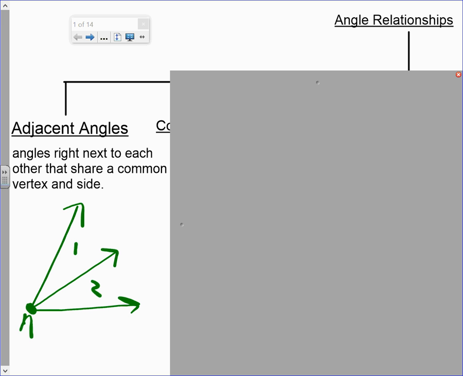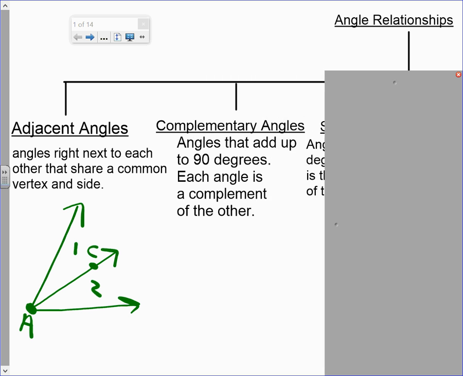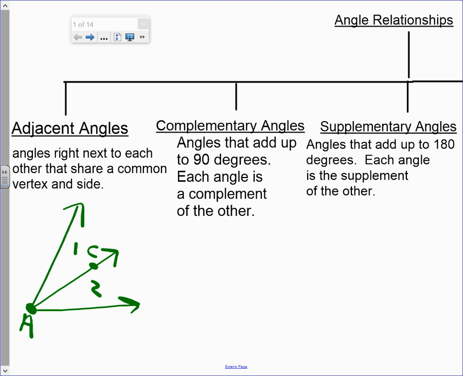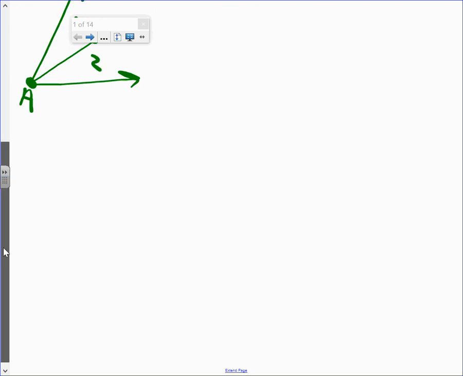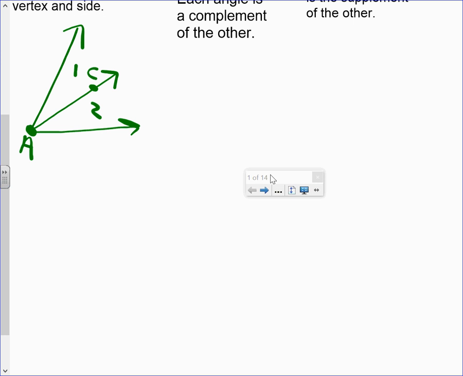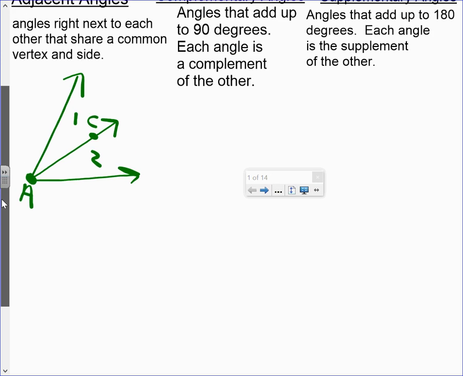Let's call this point A here. And let's call this point C. So the adjacent angles here are the two angles.